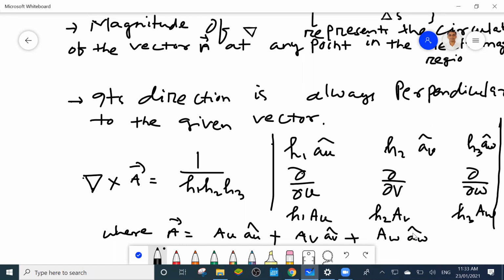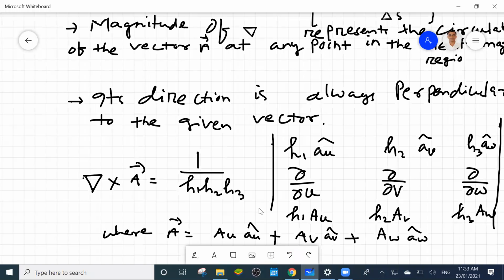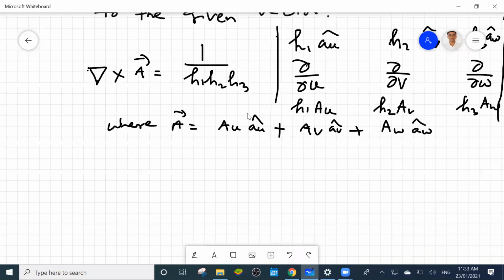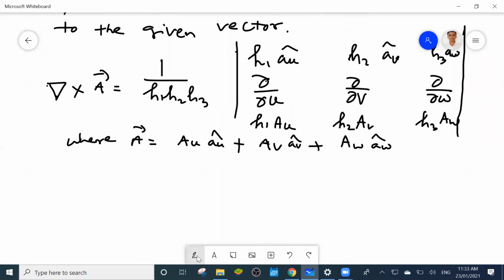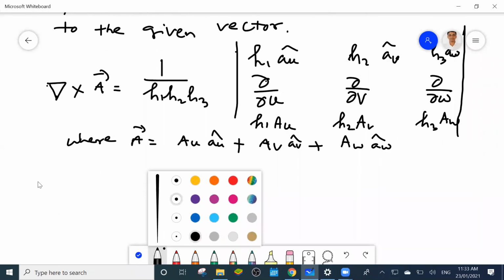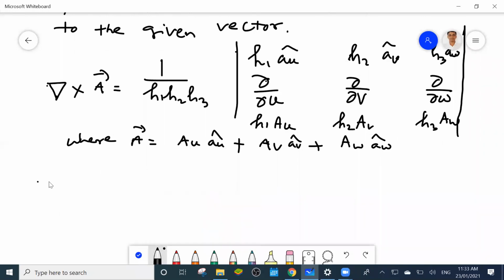Similarly, h1, h2, h3 in Cartesian coordinate system are 1. So here also 1, here also 1, here also 1. u becomes x, v becomes y, and w becomes z. So what will be del cross A in Cartesian coordinate system?